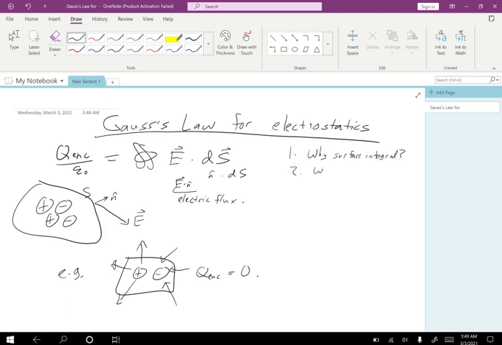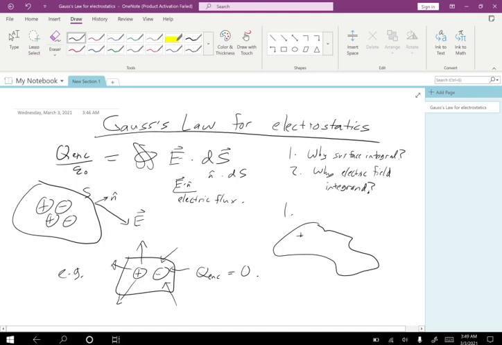And two, why does the electric field show up? Why is this thing the integrand? Why is there a relationship between it and charge?